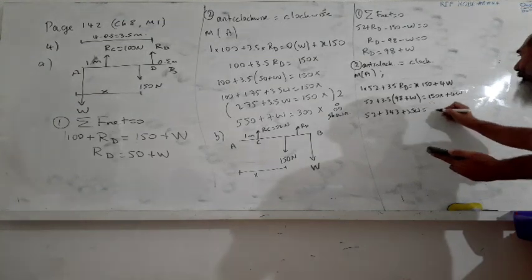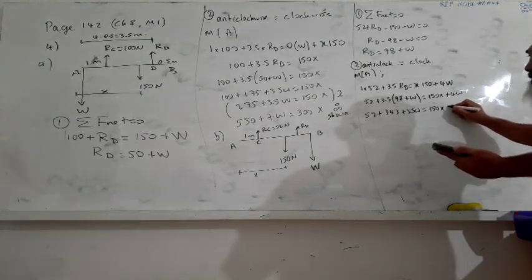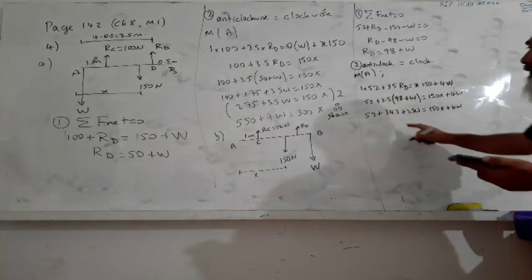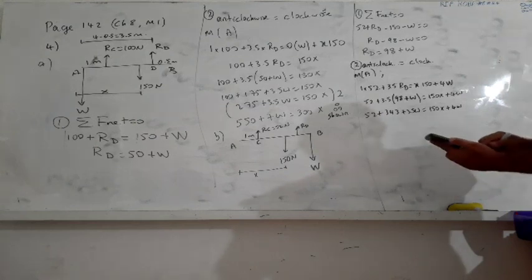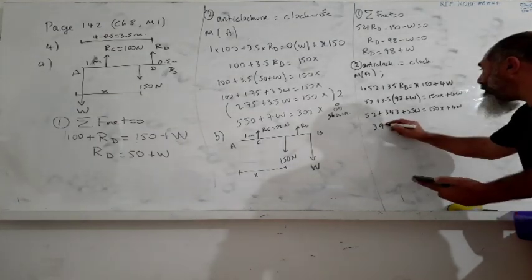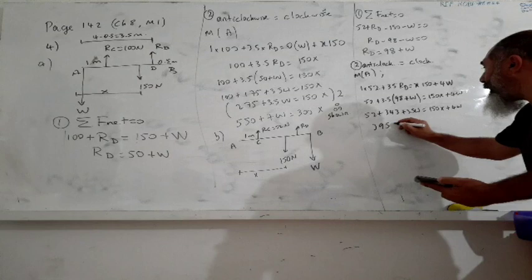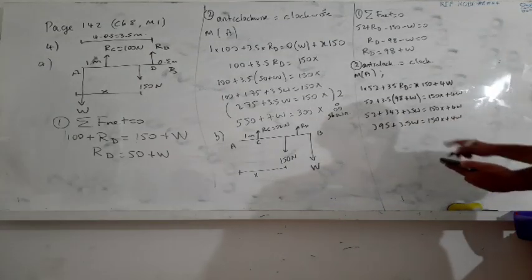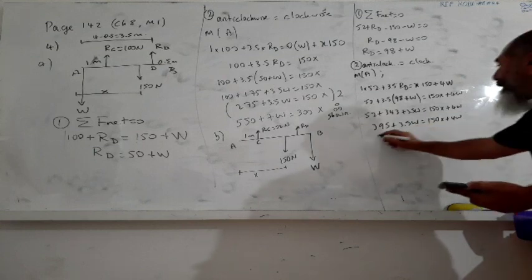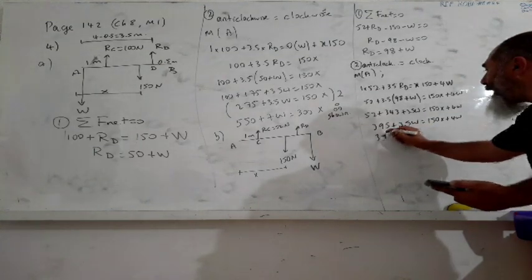So 395 plus 3.5W is equal to 150X plus 4W. 395 minus 150X is equal to 4W minus 3.5W. 395 minus 150X is equal to 0.5W.